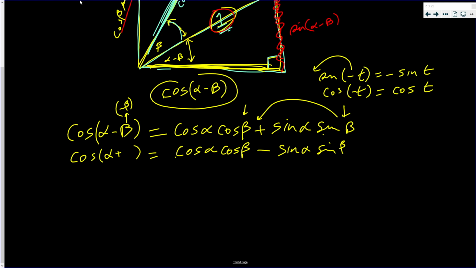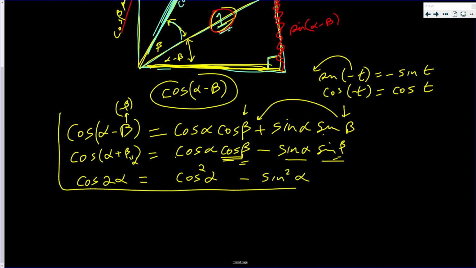If I let beta equal alpha, that is, I have cosine of 2 alpha. So all the betas are alpha. So I get cosine alpha times cosine alpha, better known as cosine squared alpha, minus sine alpha sine alpha, that is sine squared alpha. So I have those three trig expressions for cosine.